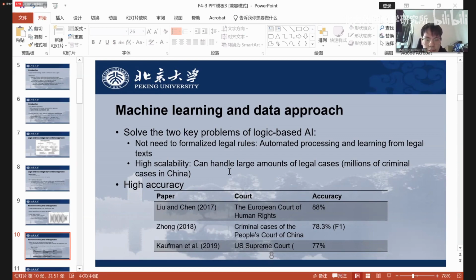For example, as you see below, the work in 2070s on the European Court of Human Rights achieved accuracy of about 88%. And in China, the criminal cases accuracy is approaching 78%. And in the US, there's also a very high accuracy.